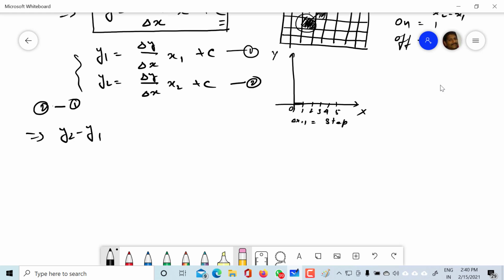You will get y2 minus y1 equal to delta y upon delta x, which becomes common, times x2 minus x1, and c will be removed because c is in both of the equations. In this way you can write this equation.